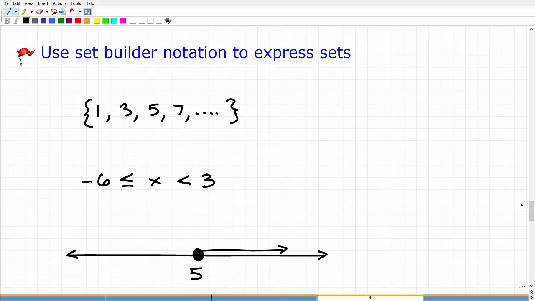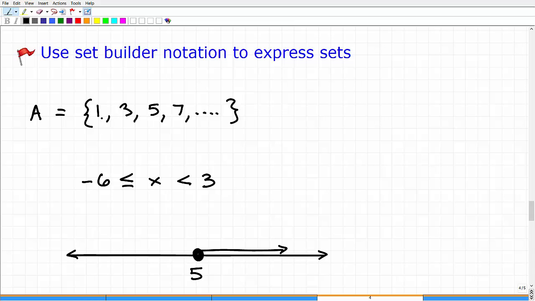Let's use set builder notation to express these sets. There are different ways you can do this, but let's start with this first one. Let's call this set A. Let's give it a name. What does this look like to you? What characteristics are going on here?